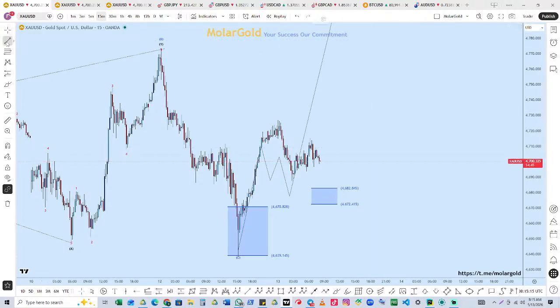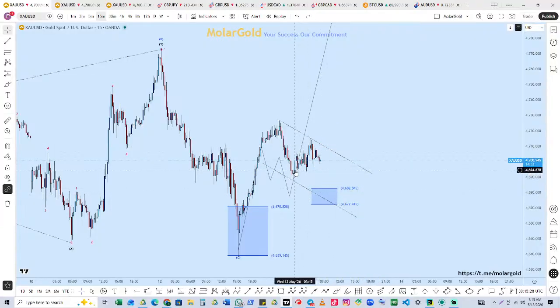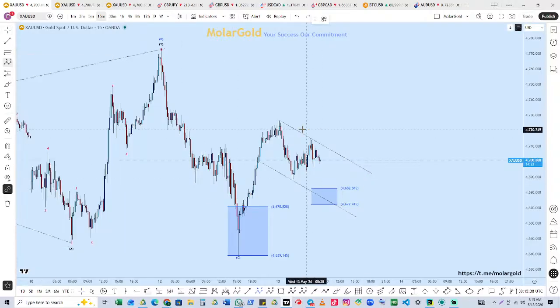So now we have this, and then Control Z, and then we have that. So what does it mean? It means that the ABC structure is already in play. So let's put the ABC in play.